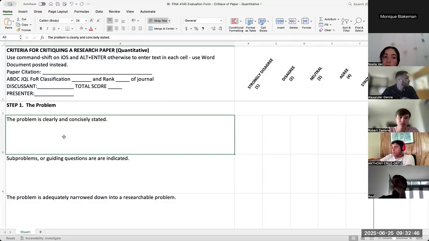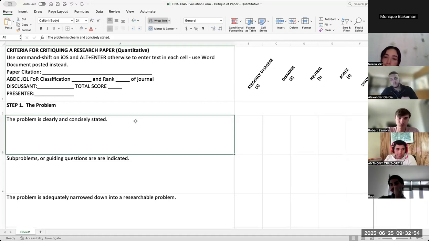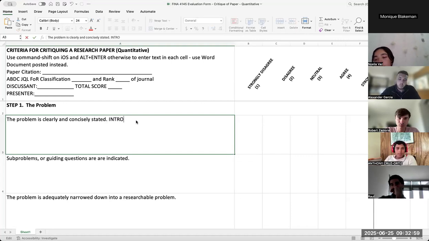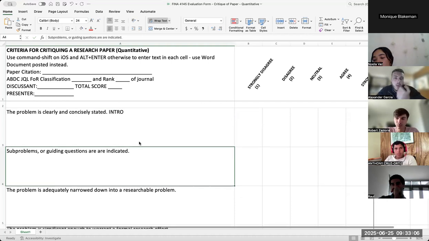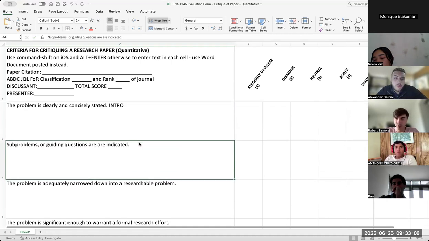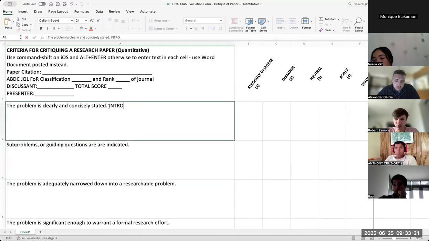So in your introduction, you're going to put something about your problem, and you're going to mention any subproblems. Maybe, like we talked about last class, maybe you have more than one question you're pursuing, or maybe you have more than one hypothesis. So, if relevant, it should be there.